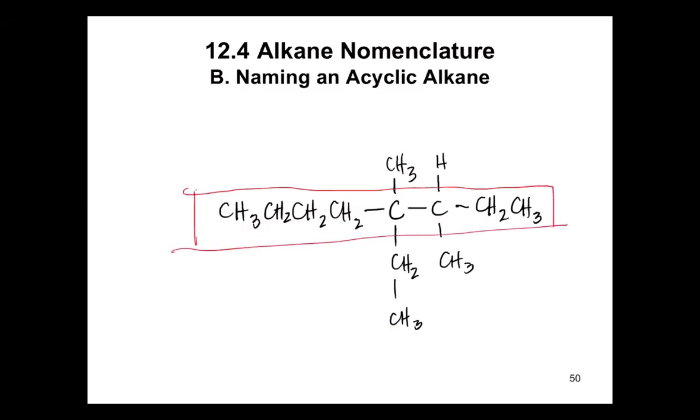And then, again, assign numbers to give the substituents the lowest possible number. Start sa right. 1, 2, 3, 4, 5, 6, 7, 8. Tapos, classify, name the substituents na present sa carbon 3. You have one substituent na may isang carbon atom.